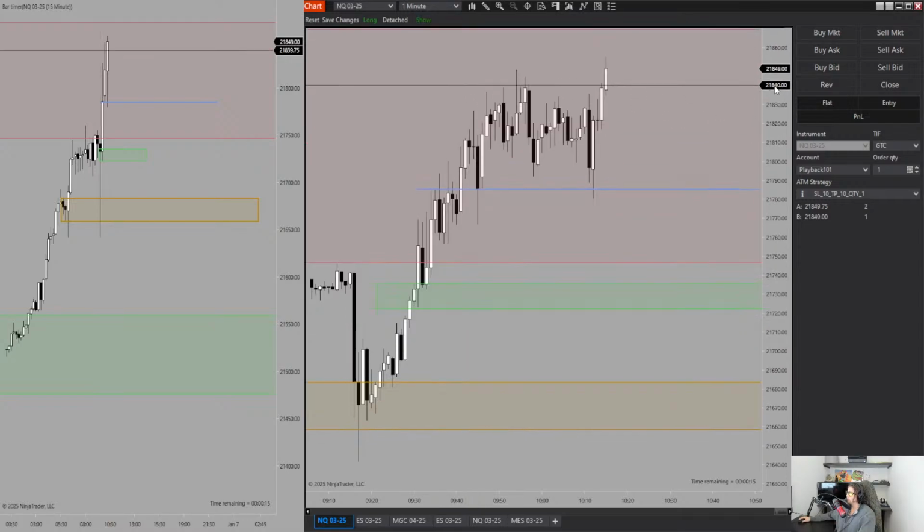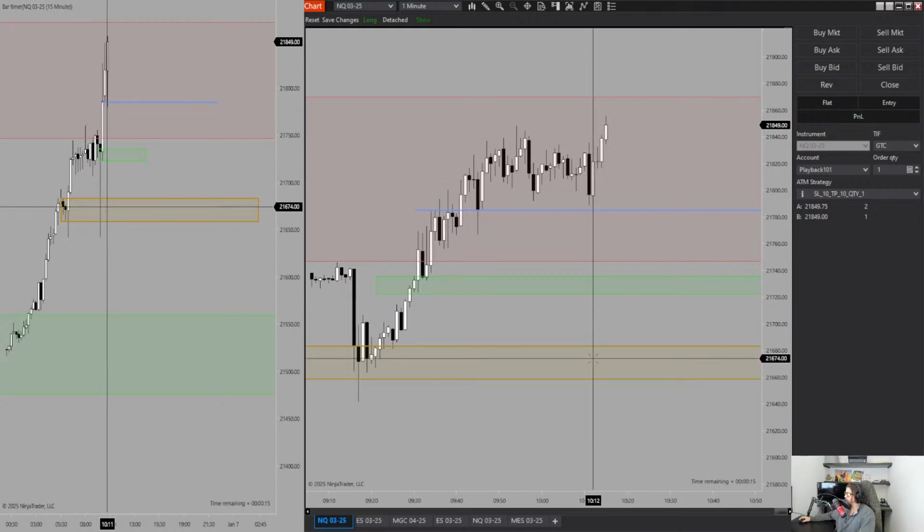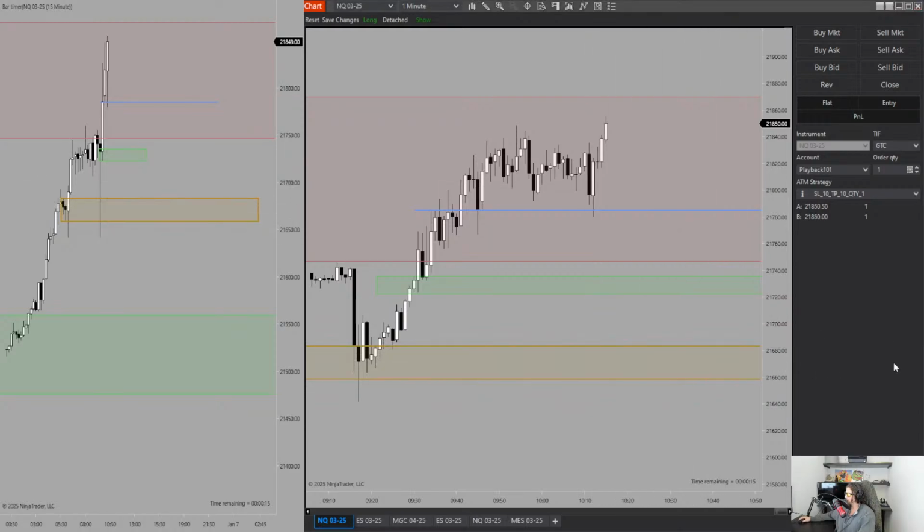Alright, so we've got a 15-minute candle here that's about to close. Let's see what happens with that. Okay, I'm about to fill this fair value gap on the daily.